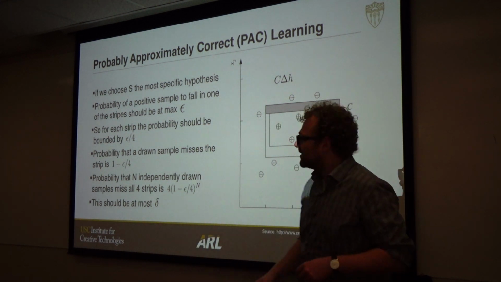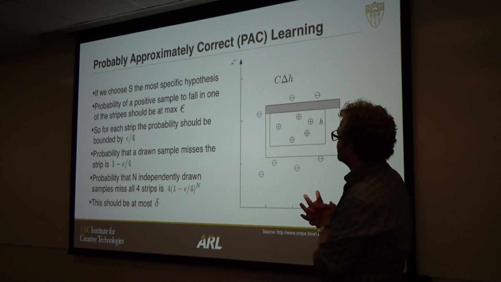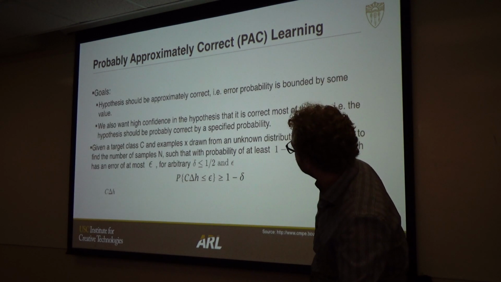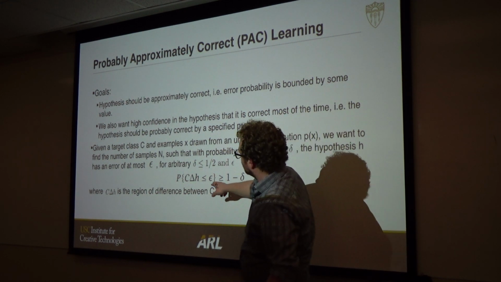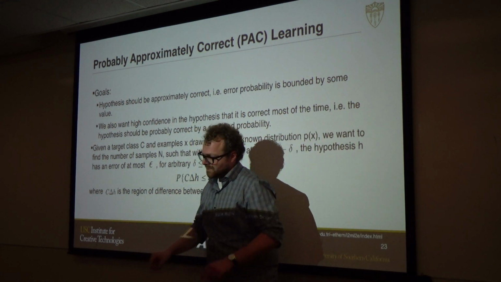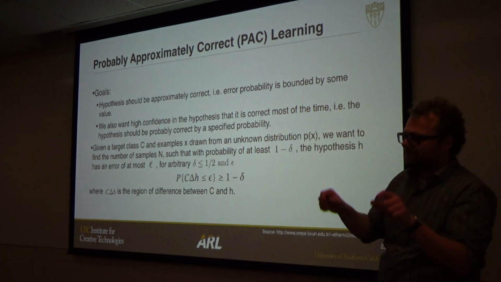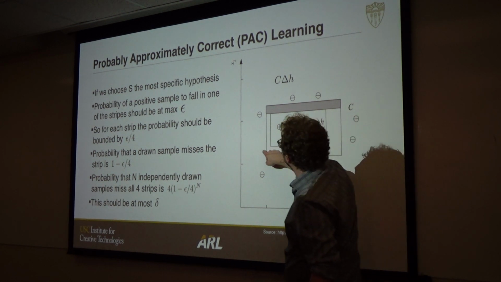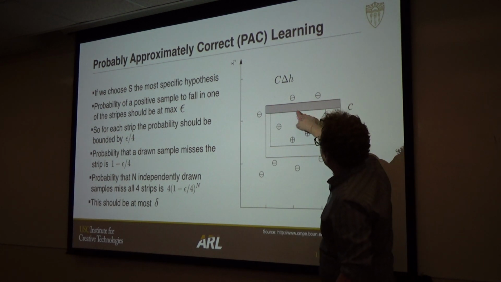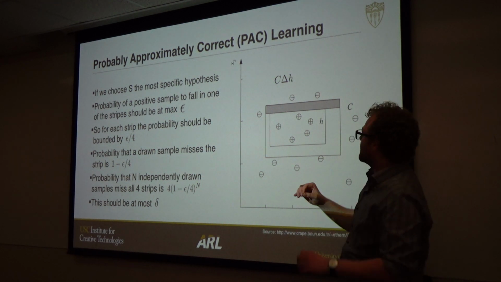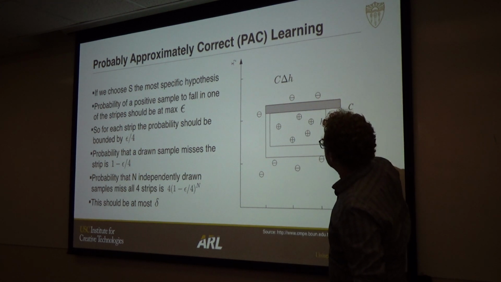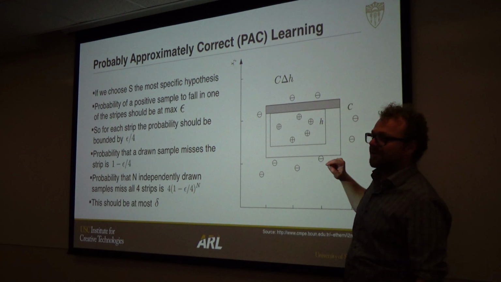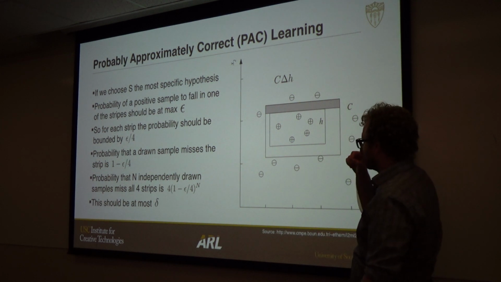That we make an error means that the sample falls into this area, so we want this to be smaller than epsilon. We have 4 strips there, and this is the actual class here, right? But our hypothesis is much more narrow. So we don't want observations to fall in here, because then we might make a mistake, right? Because we will say it's not a family car, but it actually is one.